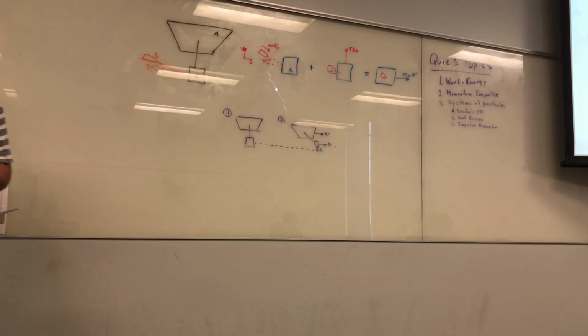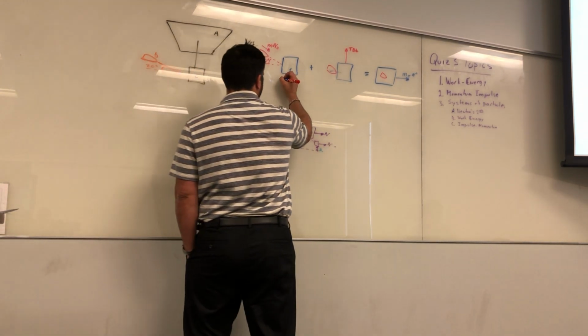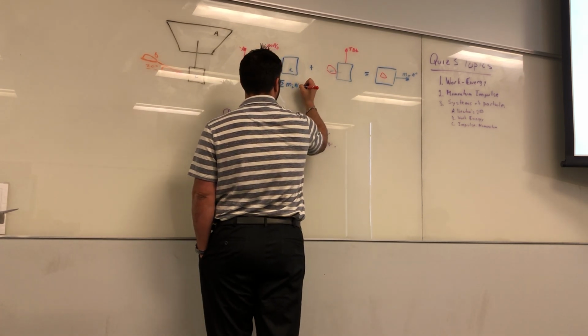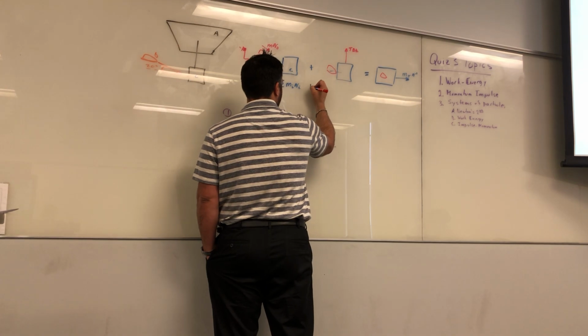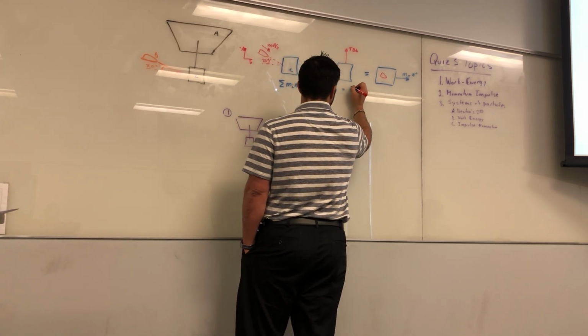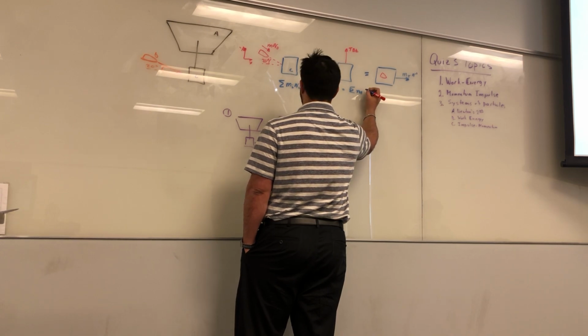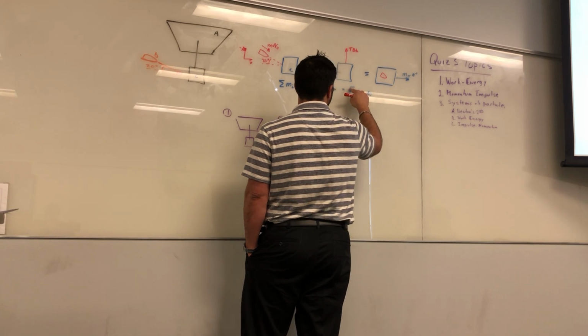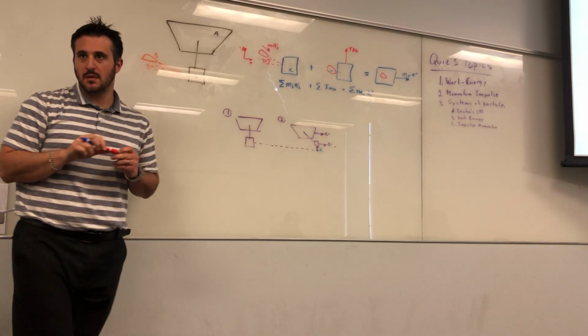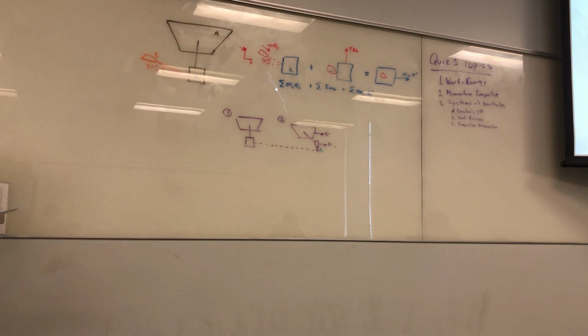Okay, so what are we gonna do? Well, if we look here, remember, our impulse momentum equation is the sum of my momentum for each particle plus the sum of my impulses is equal to the sum of my final momentum for each, call these prime, for each particle.